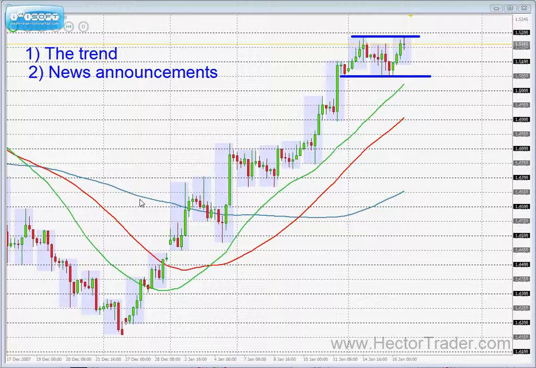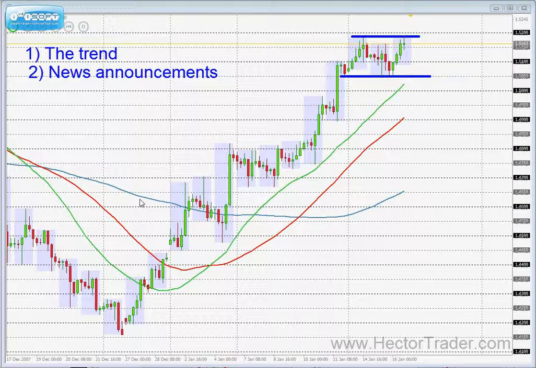I've already checked my economic calendar. There is nothing really important coming out today on either of those two currencies. So I'm pretty safe that I will not be surprised by any crazy random price spike out of the blue due to the news. All right, we've put that out of the way.